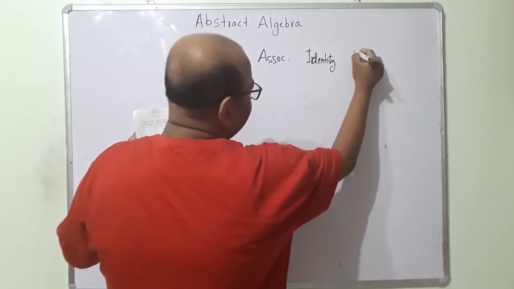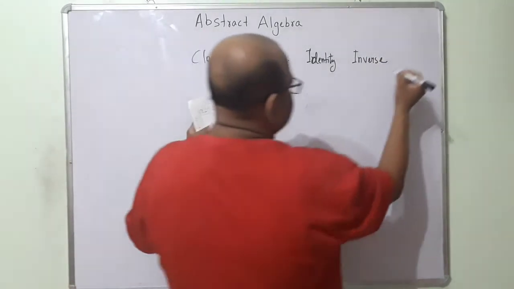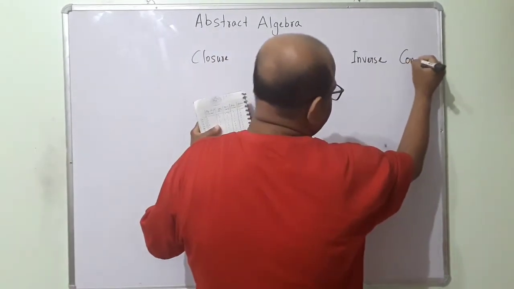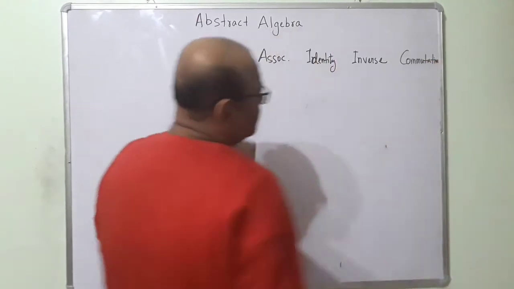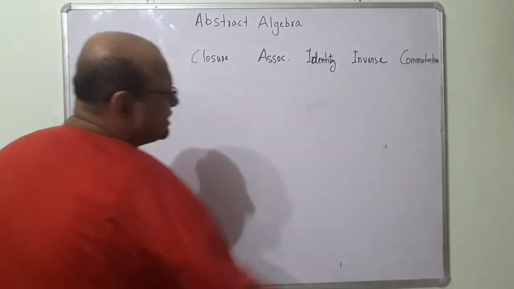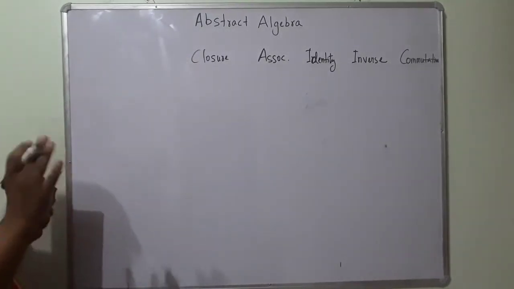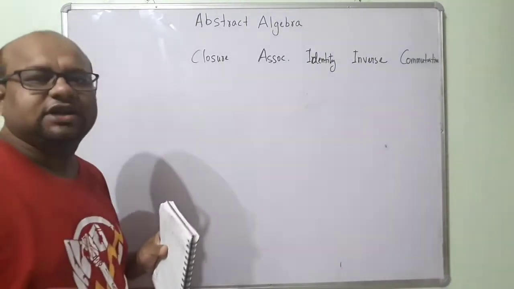Then inverse. Then commutative. So these are the different properties that we are interested in. You will understand very soon what I am trying to do.